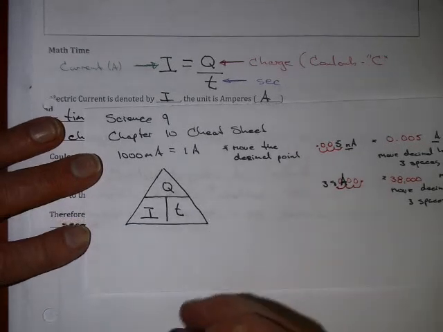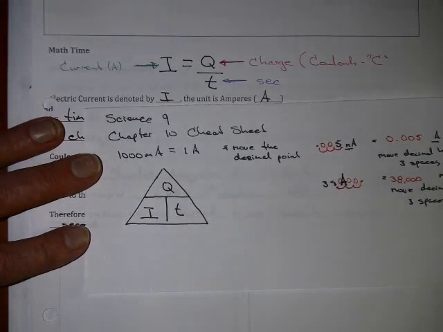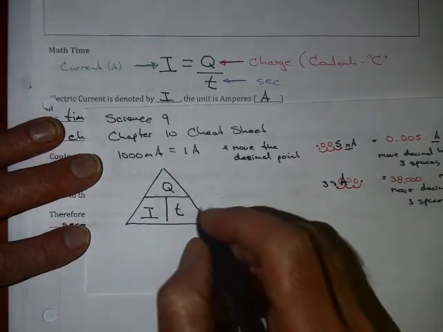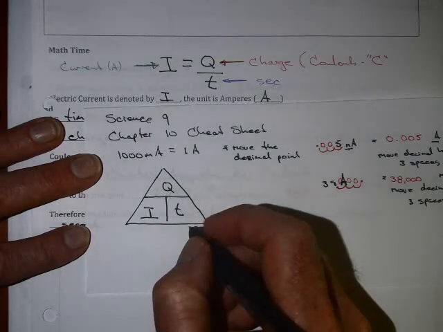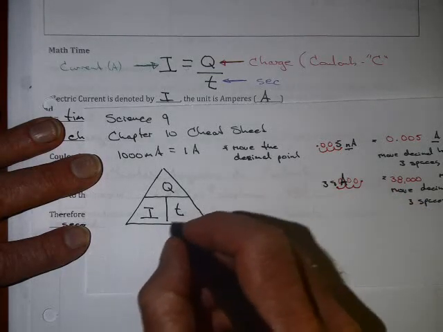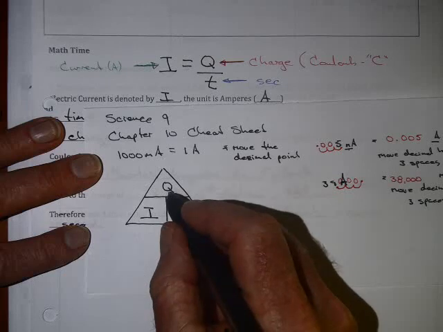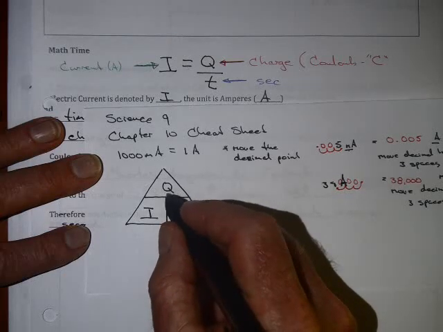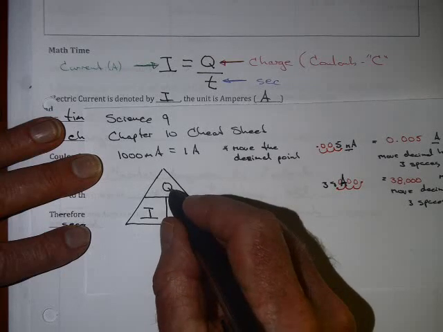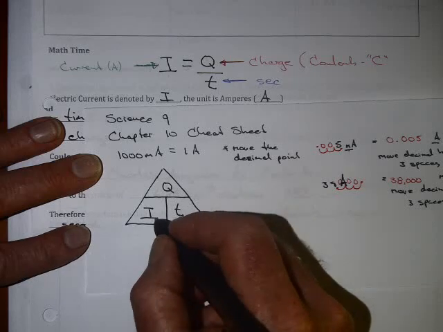For example, suppose you are given charge and time. How do I find current?